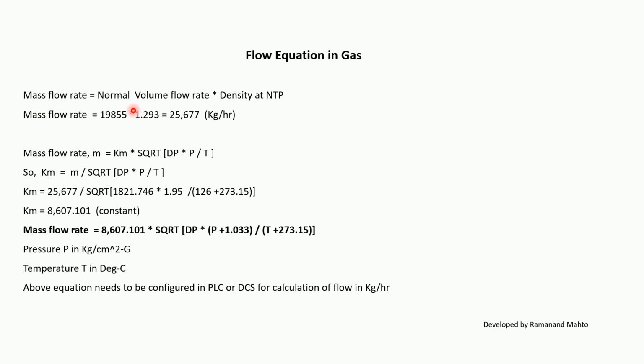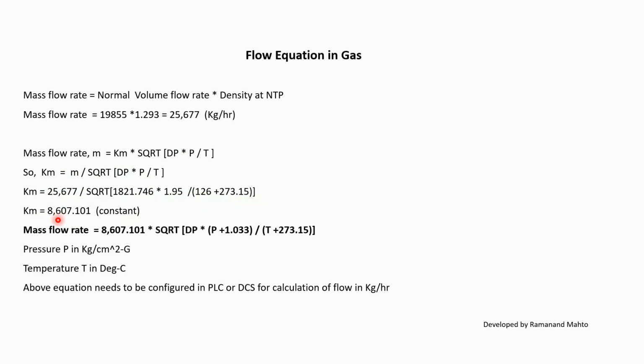Mass flow rate is normal volumetric flow rate into density at NTP. So mass flow rate is equal to 19855 into 1.293, which is equal to 25,677 kg per hour. So mass flow rate M is equal to Km into square root of dP into P upon T. So Km is equal to M upon square root of dP into P upon T. So Km is equal to 25,677 upon square root of 181.746 into 1.95 upon 126 plus 273.15.